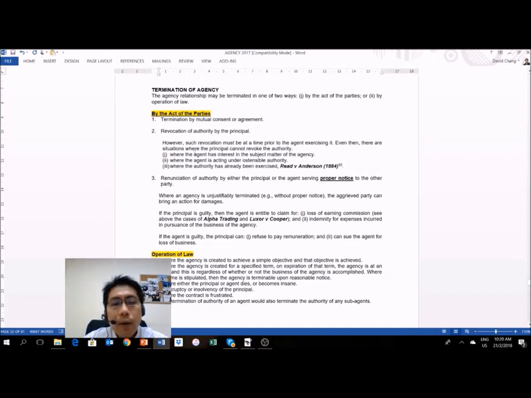Now, when I talk about points 2 and 3, where we are saying that both principal or agent may revoke or terminate the agency, you need to recognize that, assuming this was an agency by way of contract, there will be additional contractual laws that also apply. In other words, based on agency law, the answer is yes.